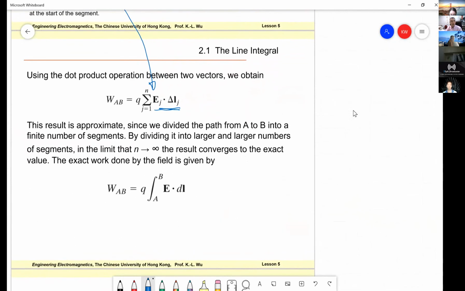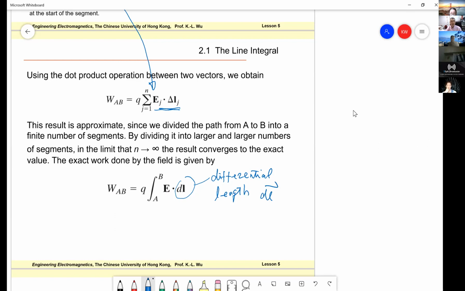Then if I chop this path C into an infinite number of small sections, each small length, its direction and length, is described by the differential length dl. dl has a direction.